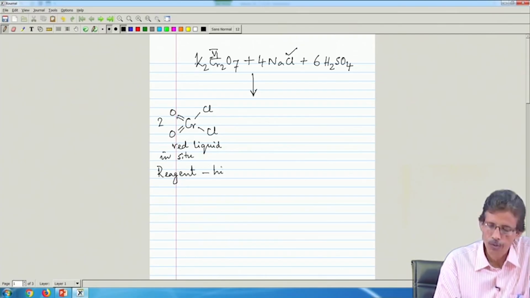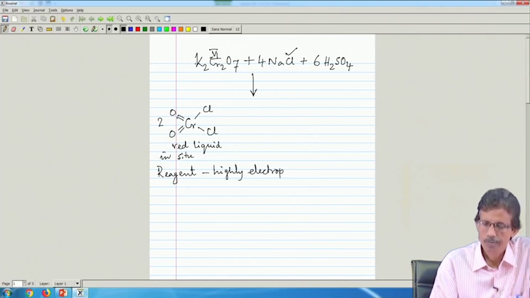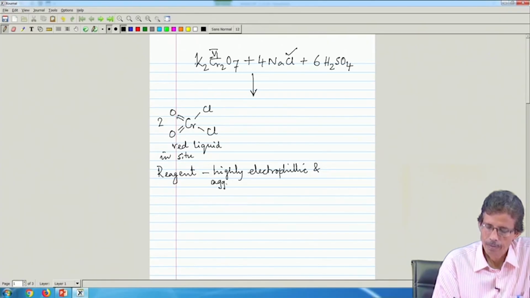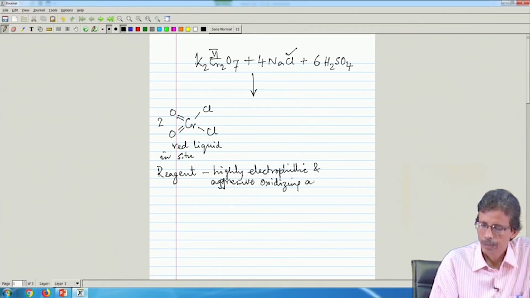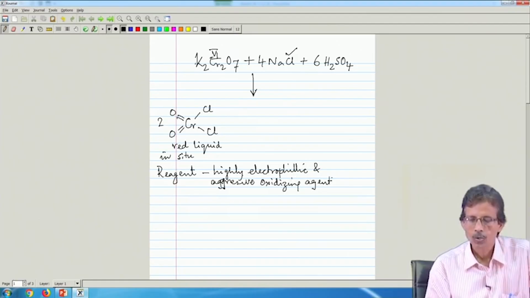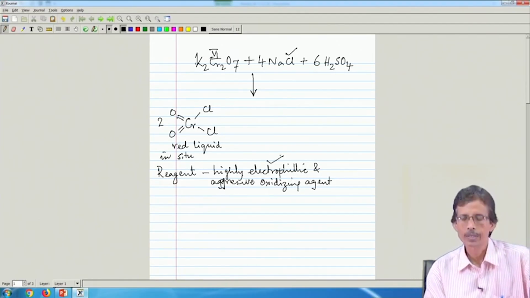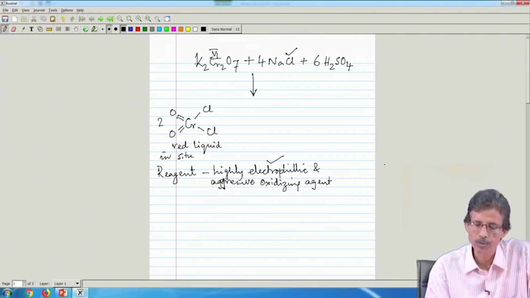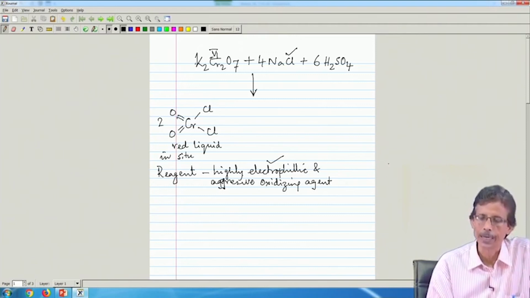It would be highly electrophilic as well as an aggressive oxidizing agent. So, if we consider organic chemistry, we can go for some electrophilic substitution reactions or other types of electrophilic reactions, and we can use this particular reagent.